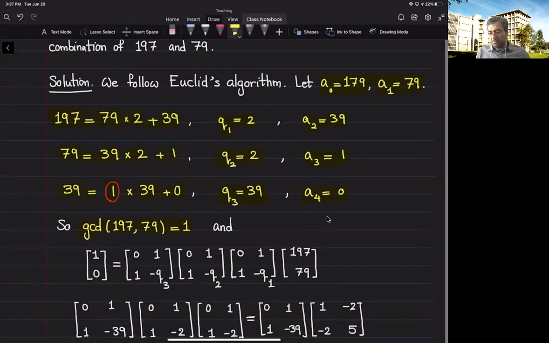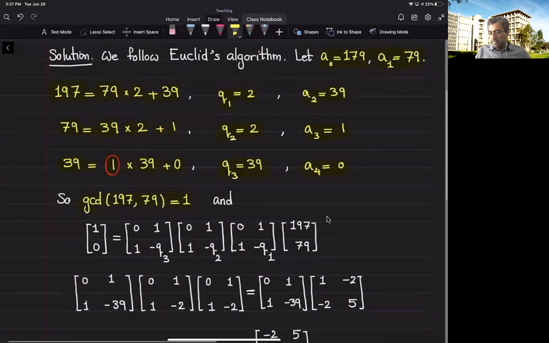Now, the algorithm that we have says that the last pair, 1, 0, in column form, is equal to the product of these matrices 0, 1, 1, negative q sub i's. I multiply them one after another, and then multiply this by the initial pair that we have. So by Euclid's algorithm, we proved this equality.